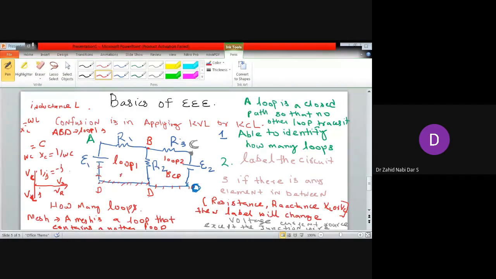This is ABD. Now, if you notice here, there is one more loop across which you can apply KVL. That is the closed path, and that is your A, B, C, D. That is your outer loop.